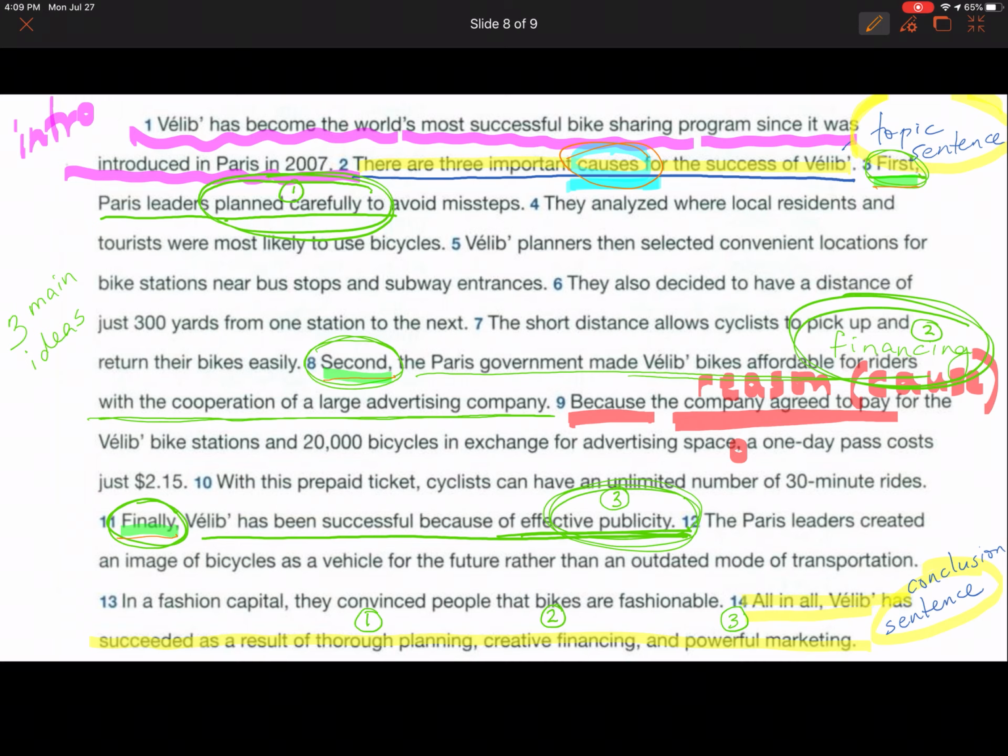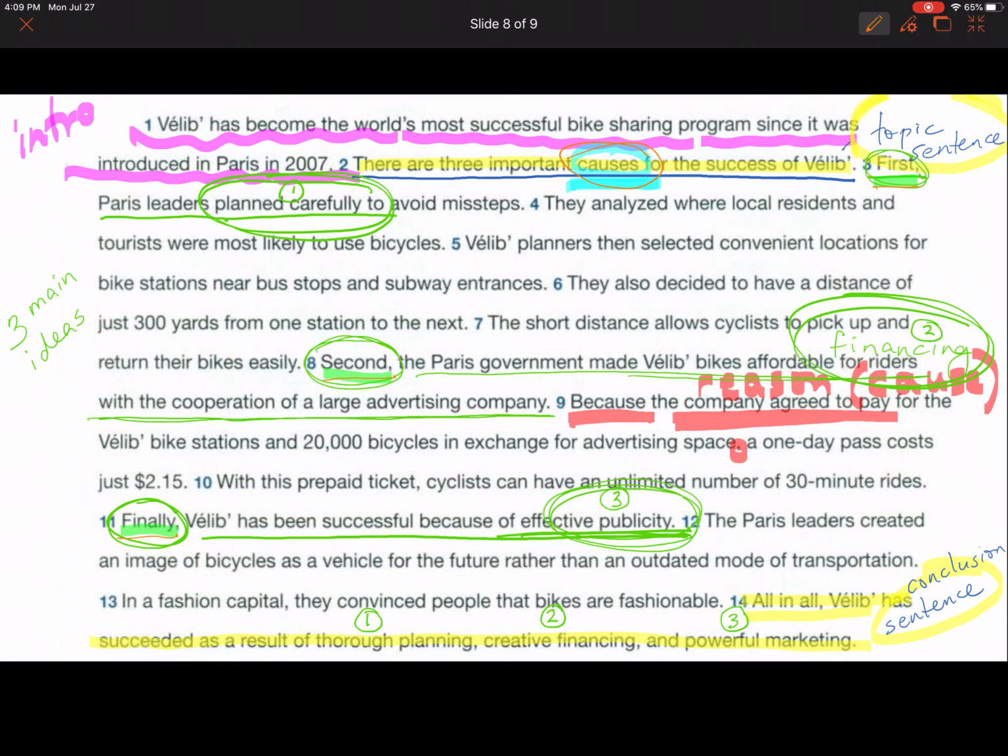Second, the Paris government made the bikes affordable. Okay, how? Through creative financing with the advertising company. Third, finally, Vélib has been successful because of effective publicity.